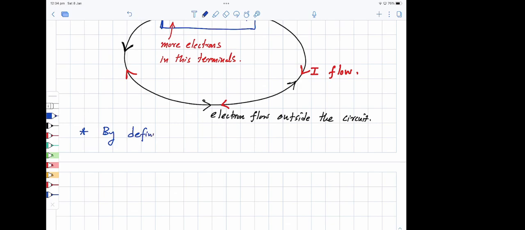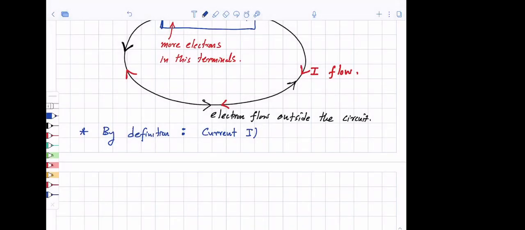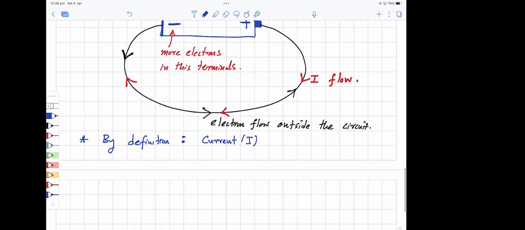By definition, current I flow and electron flow are opposed to each other.